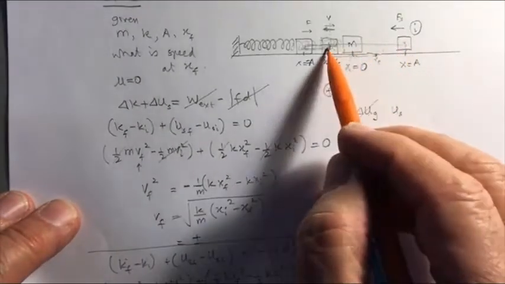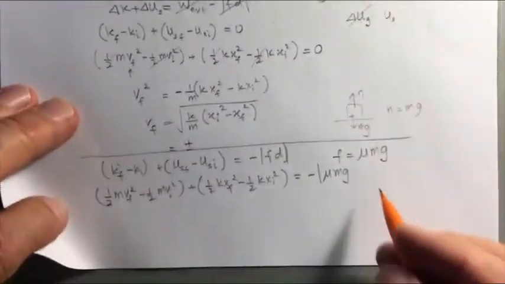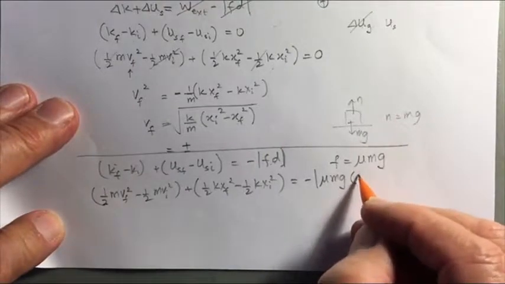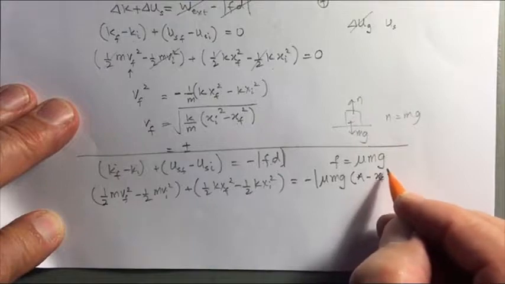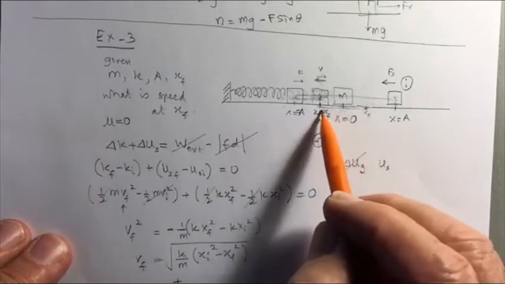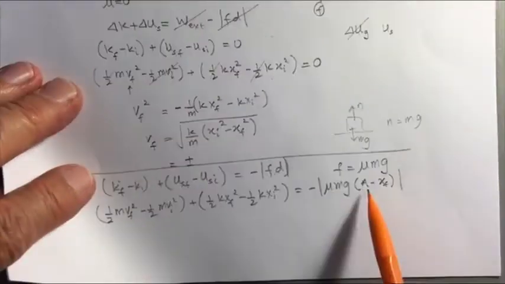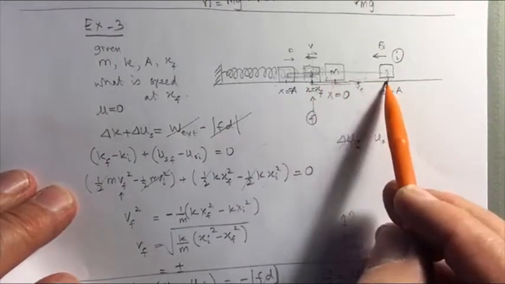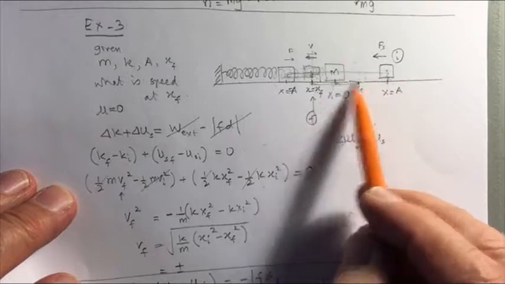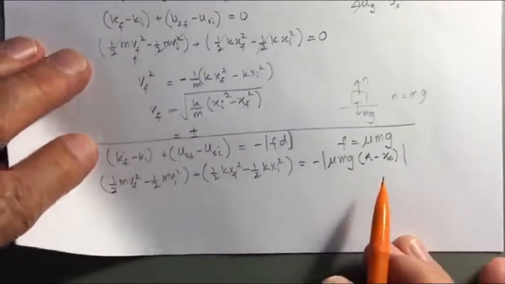So when we're going from here to here, the d is going to be x initial minus x final, and here x final is going to be a negative number, so it's going to add up and give us the total distance. XA would give us this distance, and then we add this distance to it.